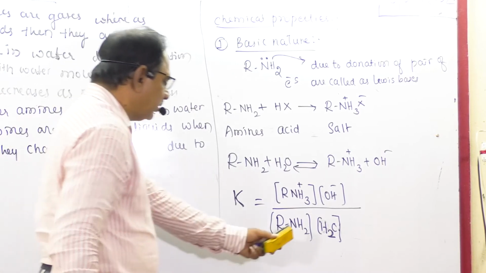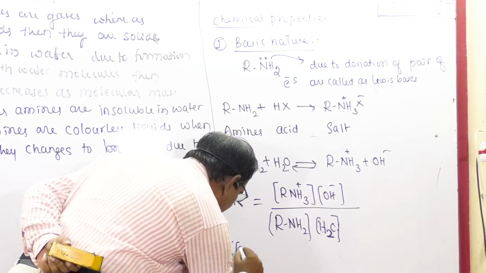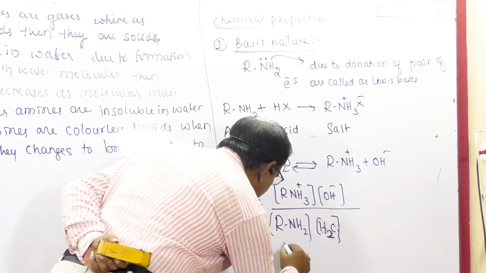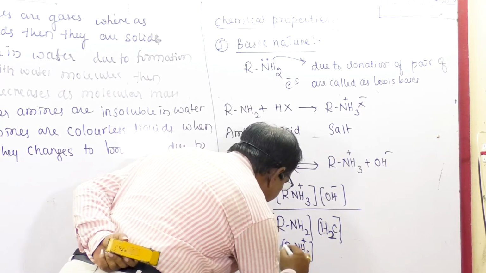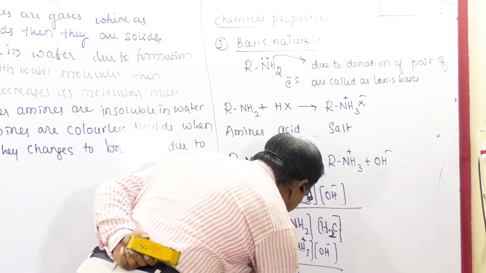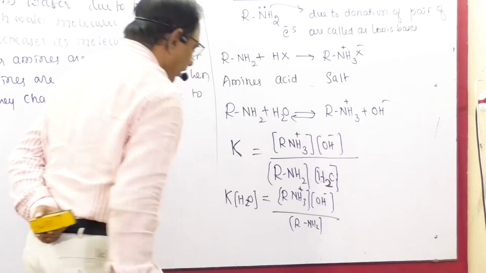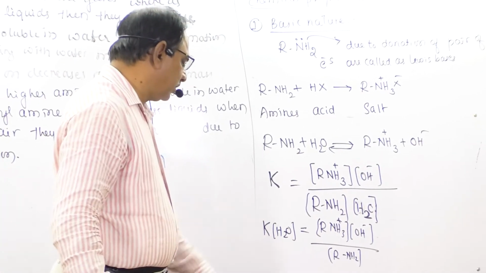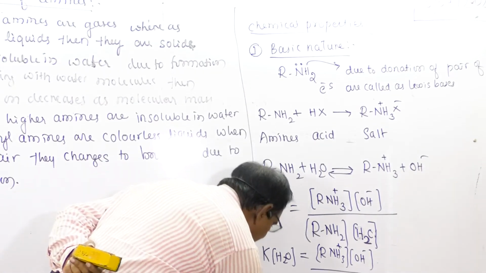Here the concentration of water is constant, so K into the concentration of H2O is constant. This equals the concentration of RNH3+ into the concentration of OH- divided by the concentration of RNH2. So K, the equilibrium constant, into the concentration of water is considered as Kb.